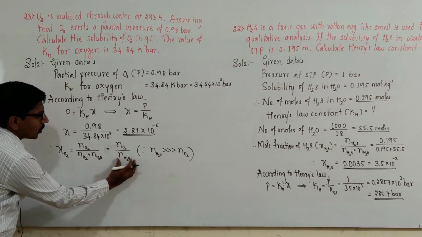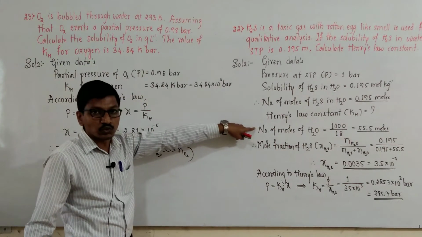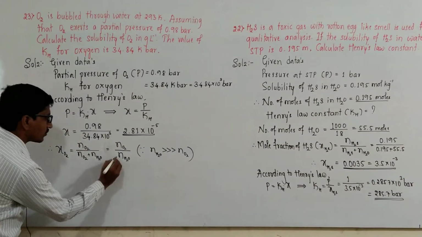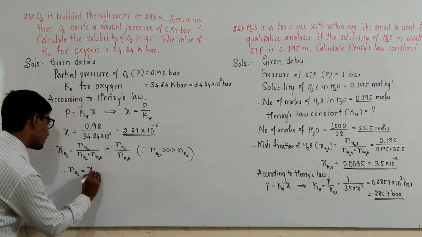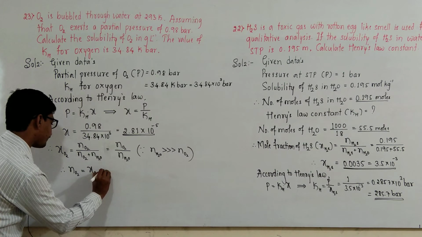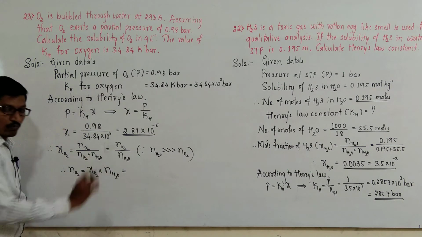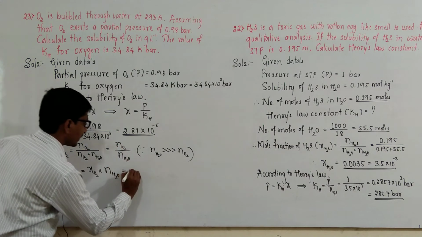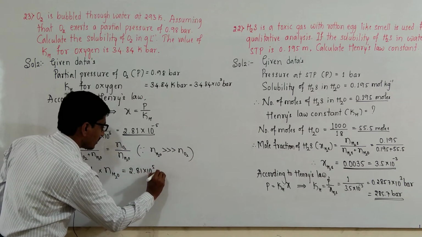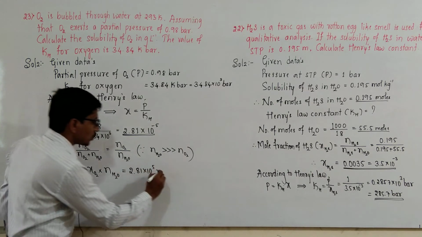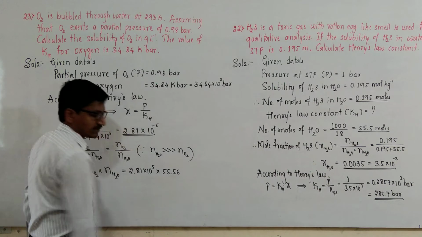Then we know NH2O, we have calculated it. Substitute it, therefore NO2 is equal to XO2 into NH2O. The mole fraction of oxygen is calculated, that is 2.81 into 10 raised to minus 5, and NH2O is fixed, 55.56.